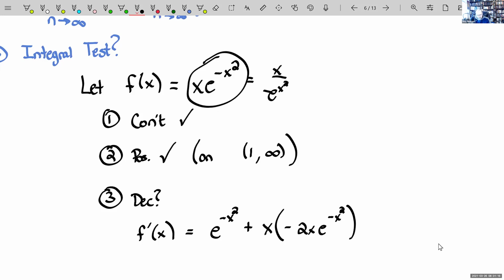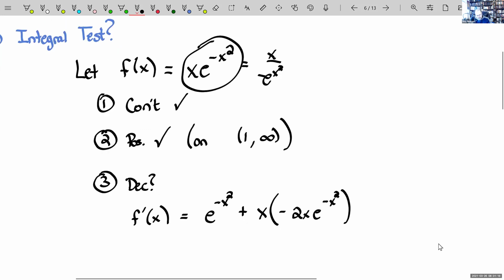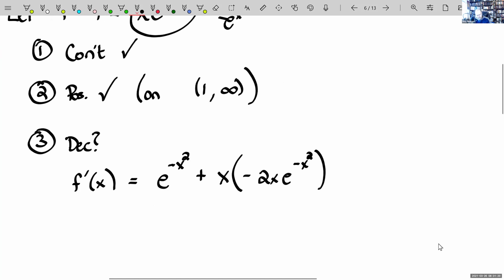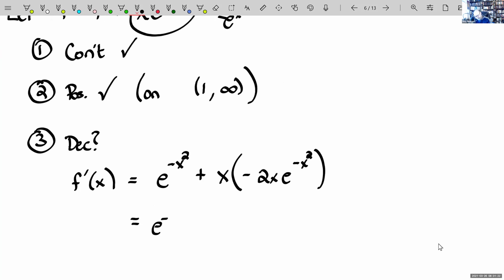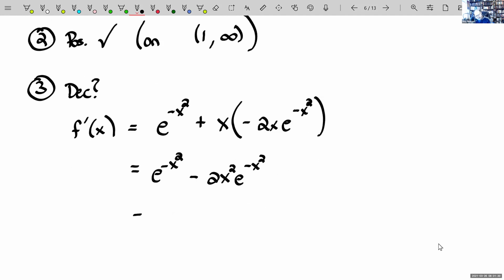Okay. And let's go ahead and clean this up because you'll never see if it's negative or positive if you don't clean this up.